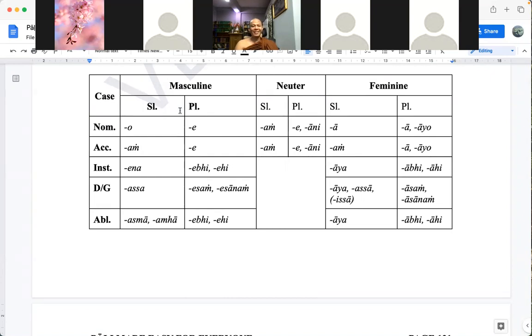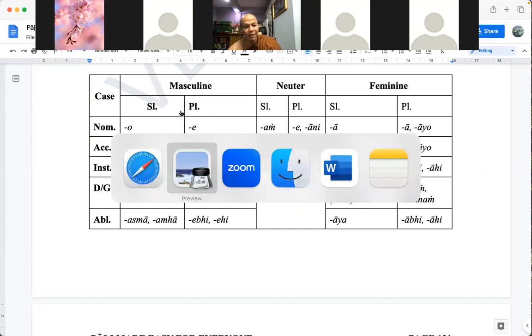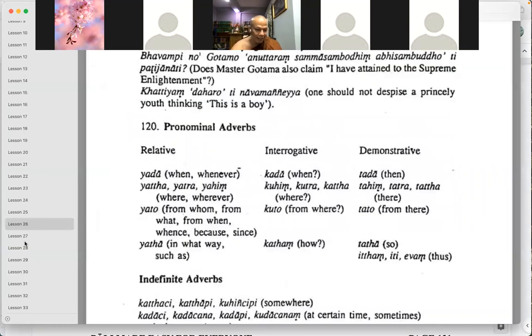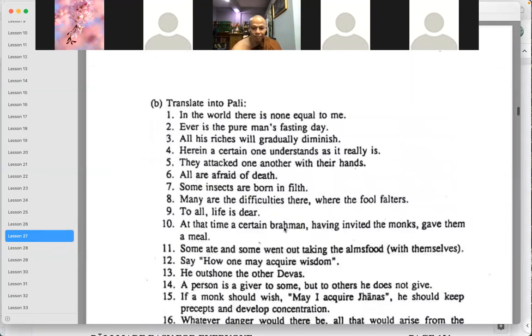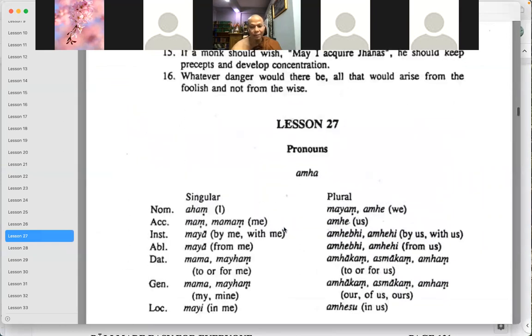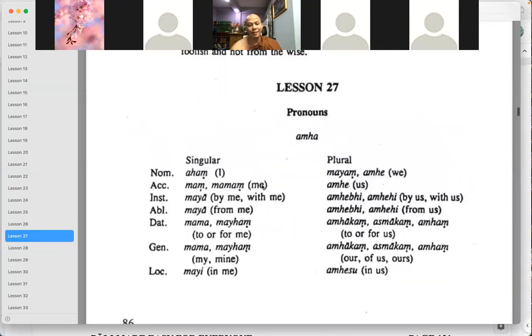I totally don't understand why it's like that. Actually those we have not learned yet, that is maybe in the next lesson, in lesson 27. Yes, in lesson 27 we will learn. That is fine.